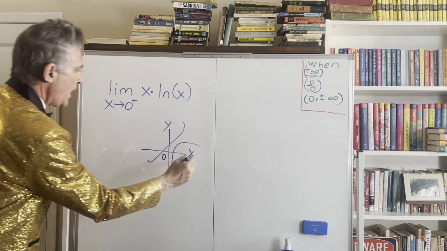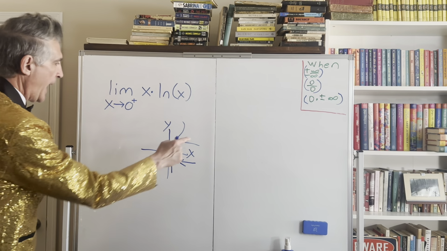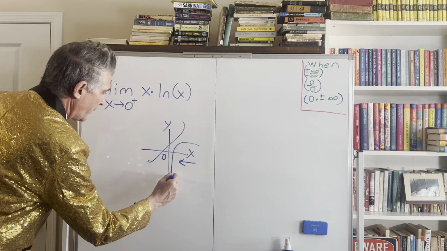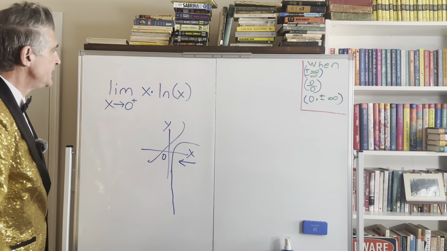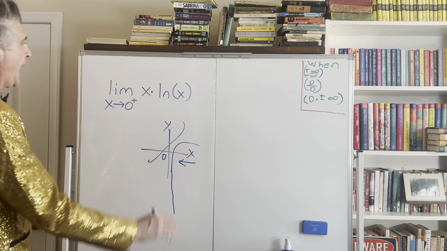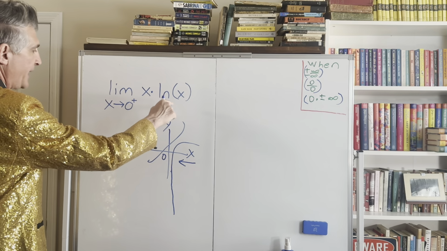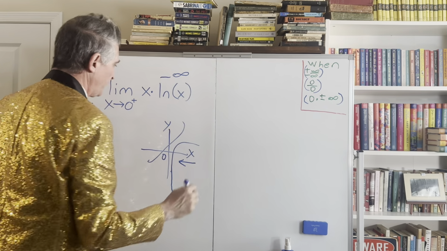That's what this means. We're coming from the positive side towards 0. Yes? And if we look at our function here as we're approaching 0, what seems to be going on with it? Right, it's going down, down, down, down, down into the negative infinity category. And so what can I do now? Well, I can recognize that the ln of x is a negative infinity is what I can do, all right?